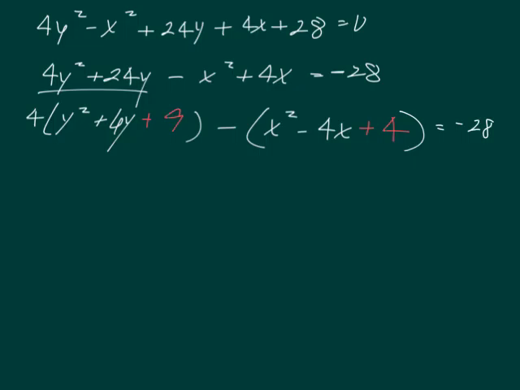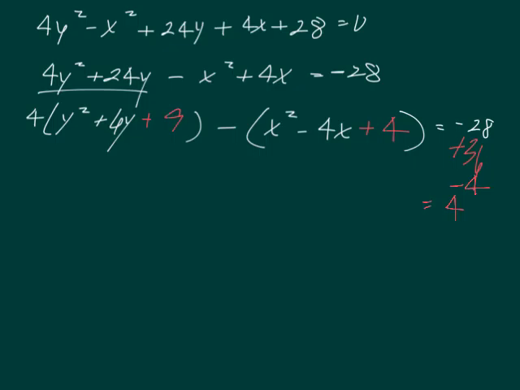We actually added 9, but we really added 9 times 4, so we're going to add a 36. And again, we have a plus 4 here, but this minus is distributed, so we really subtracted 4. So let's subtract 4 there. That ends up giving me negative 28 plus 36 minus 4, which is a 4.